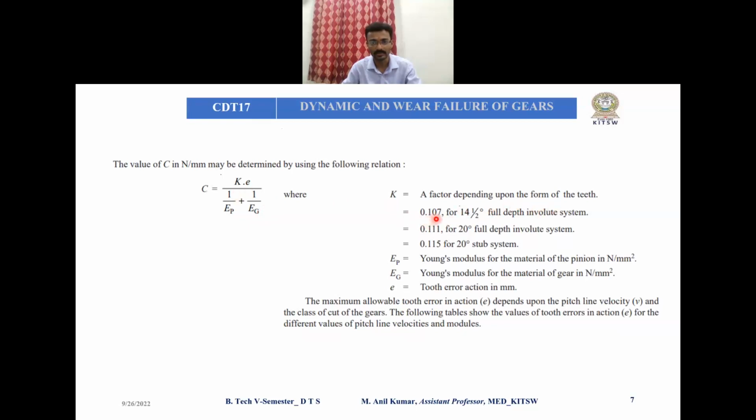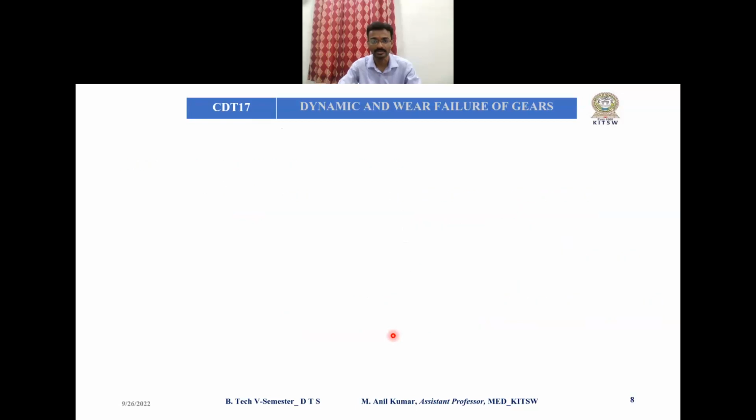It is 0.107 for 14.5 degree full depth involute system, 0.111 for 20 degree full depth involute system, and 0.115 for 20 degree stub system. Like that, there are various parameters defined here. Small e depends upon pitch line velocity and class of cut, as I said earlier. The following tables will define the small e for different pitch line velocities and modules.